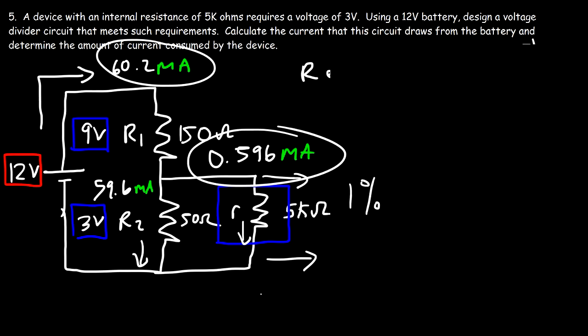And that's a problem. Now, perhaps you know the answer already, but if you don't, the simplest way to make this circuit more efficient is simply to get rid of R2, just to replace R2 with the device. So let's draw a new circuit.